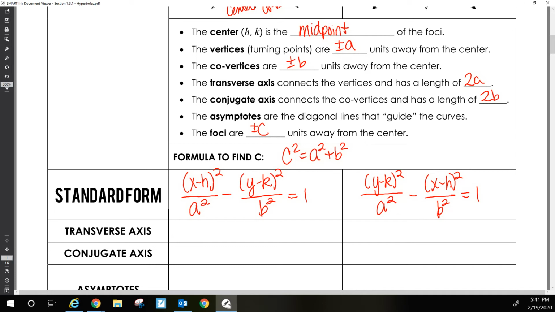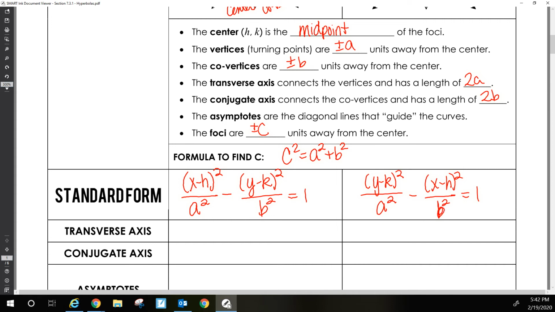Just like before with the ellipses, the bigger denominator is going to go with the x's if I'm horizontal or the y's if I'm vertical. Unlike the ellipse, where we always had x, y, and it was positive, because we have a negative sign in there, order matters. So whichever has the a squared, the biggest denominator, goes first, and then we subtract off the one with the smaller denominator.